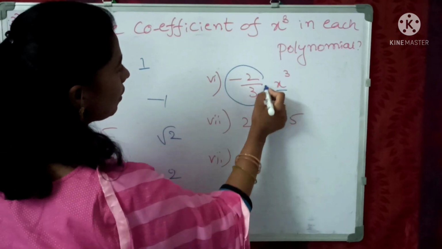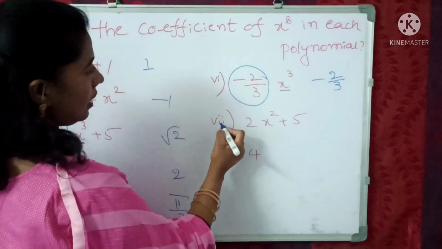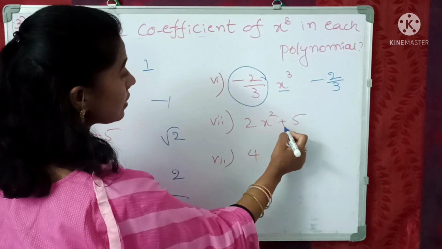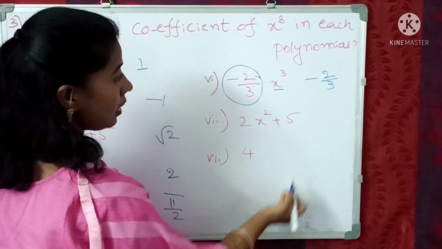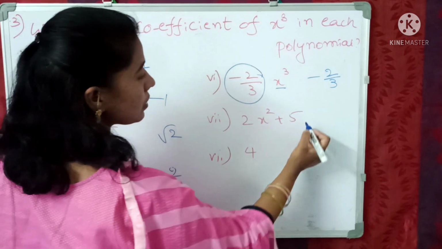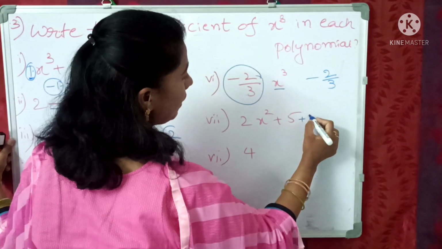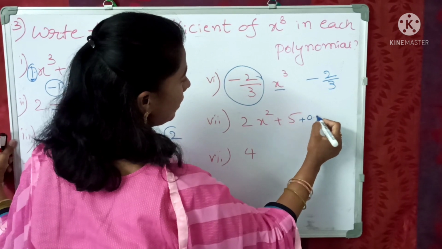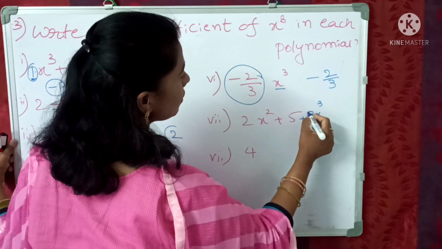The coefficient of x cube is minus 2 by 3. And the seventh one is 2x square plus 5. So observe this polynomial. There is no x cube term. So what is the coefficient of x cube? It can be written as 0 into x cube. So the coefficient of x cube is 0.